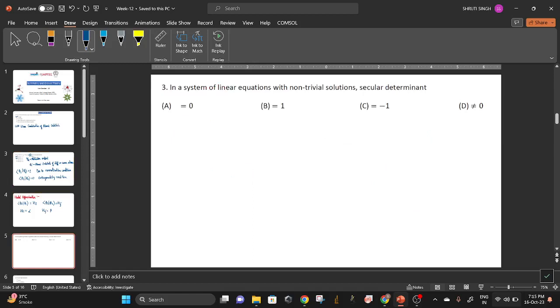Next is, in a system of linear equations with non-trivial solution. Non-trivial solution means it is not equal to 0. A trivial solution means that the determinant equals 0.